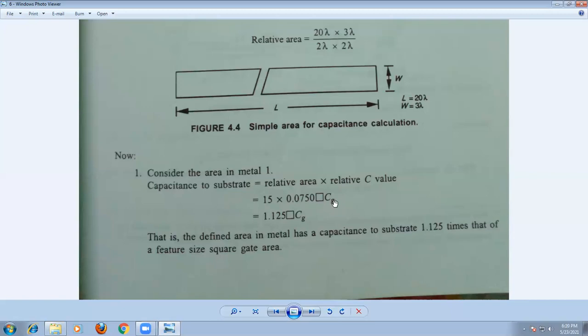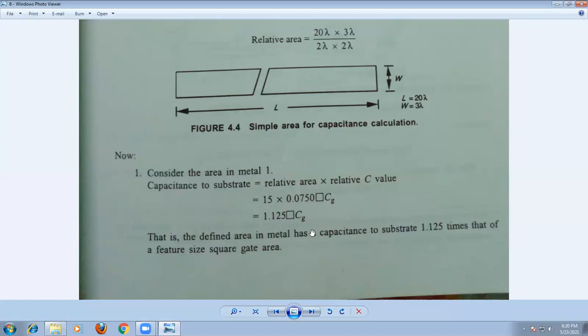From now onwards, the unit of all capacitances is square CZ. Calculating this value, you will get 1.125 square CZ, that is 1.125 times the standard gate capacitance value.